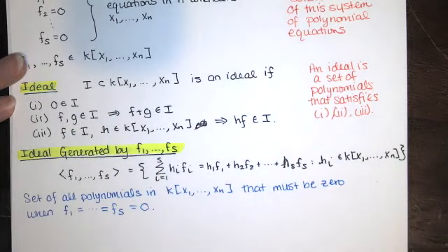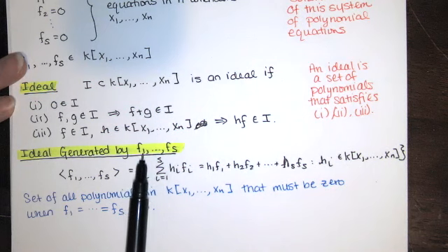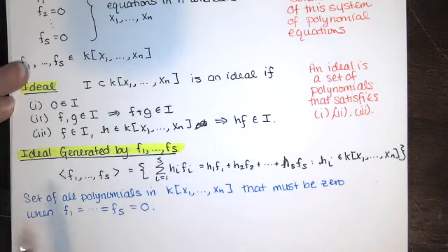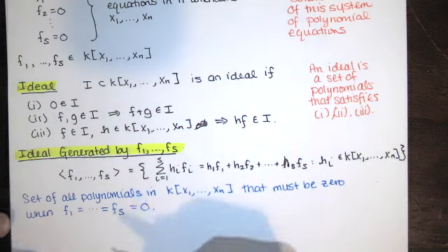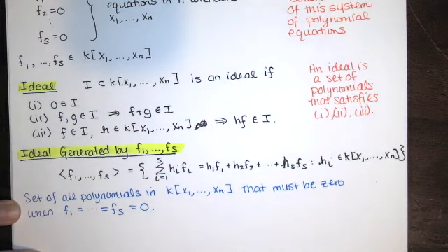But more importantly, if you're thinking of an ideal generated by polynomials f sub 1 through f sub s, this is the set of all polynomials that have to be 0 when the original system of polynomial equations is satisfied. So let me write that down as well.